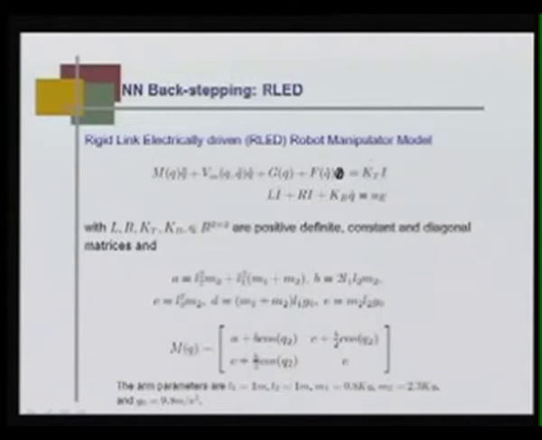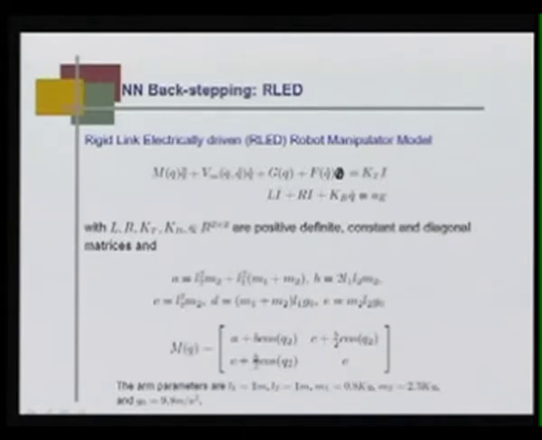You know that this is actually torque, and torque is a torque constant times current. Then for the motor, the equation is L I dot plus R I plus K B q dot is U E, which is the applied voltage, right.